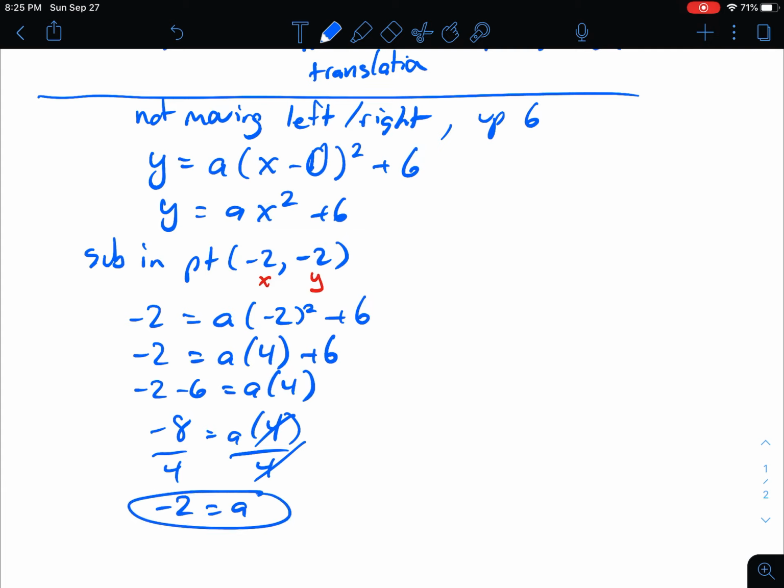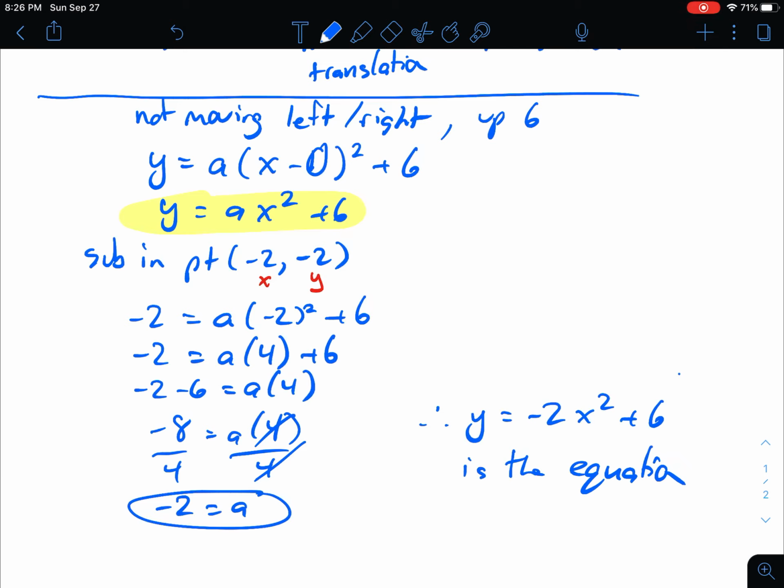Now your last step, once you've got the a value, is to write it into your equation. I'm going to take this line right here and rewrite it with my a. Therefore, y equals -2 x squared plus 6 is the equation.